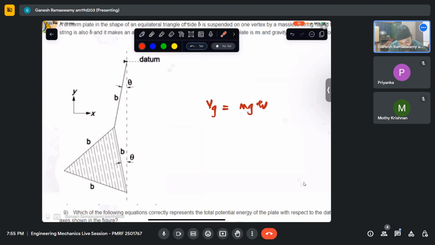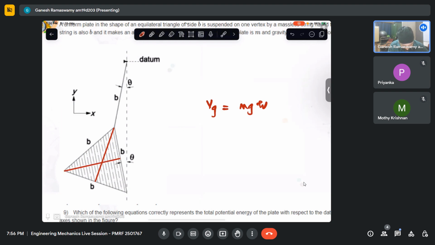Now, I know my center of gravity will be somewhere here. How do I locate the center of gravity for this object? Essentially, for an equilateral triangle, if I draw the perpendiculars, the intersection of those gives me the center of gravity or center of mass.